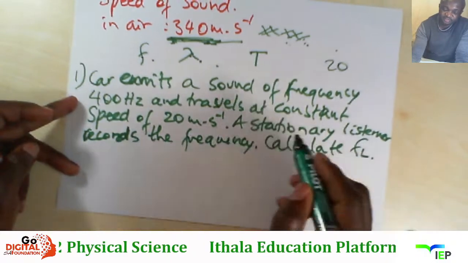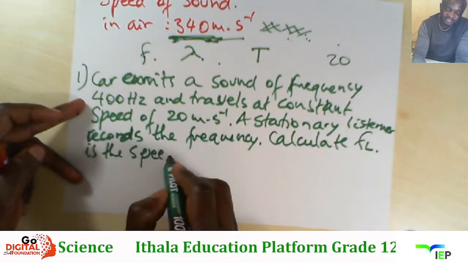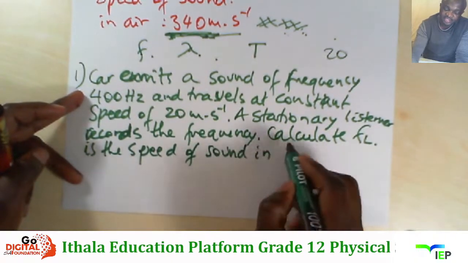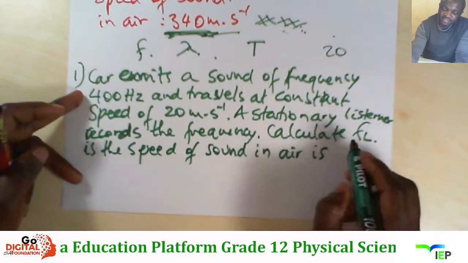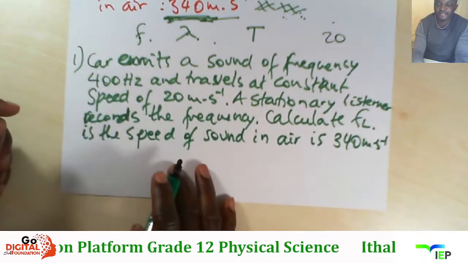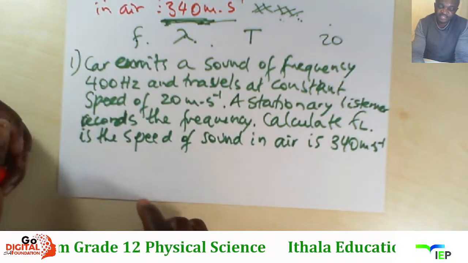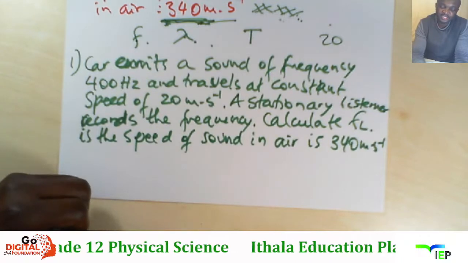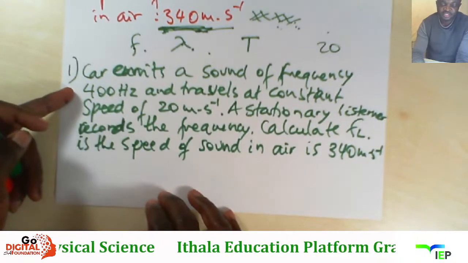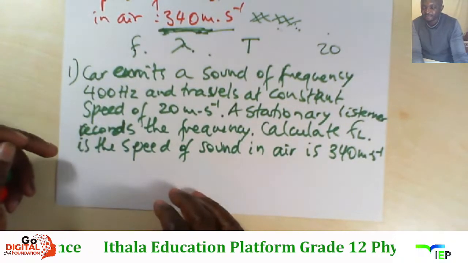Calculate the frequency of the listener, if the speed of sound in air is 340 meters per second, right? So there is a car moving. This car is moving at a speed of 20 meters per second, emitting a sound of frequency 400 hertz. Then you have a stationary listener, right?